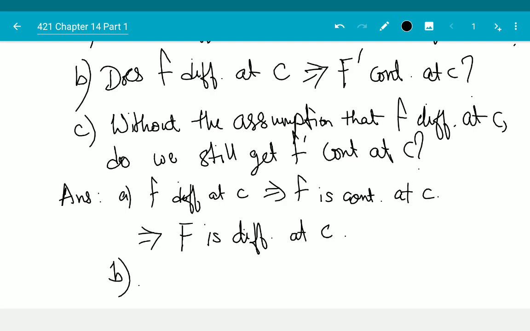And so if my small f is differentiable at c, I am going to see that this is going to work if and only if f prime is continuous at c.